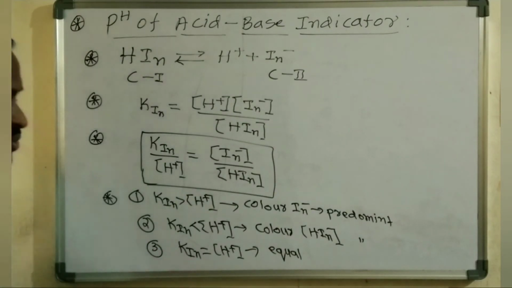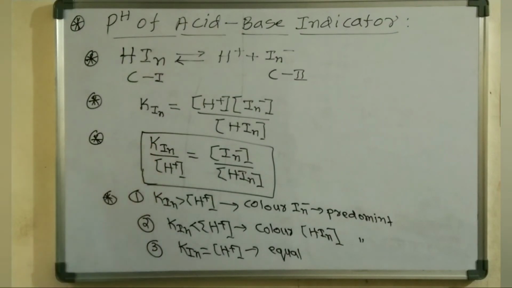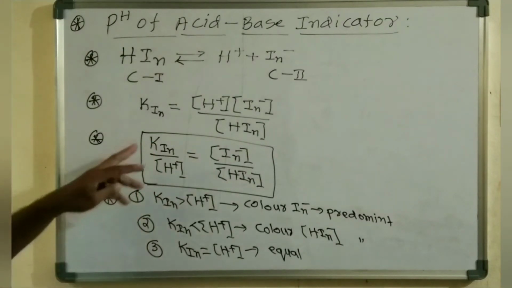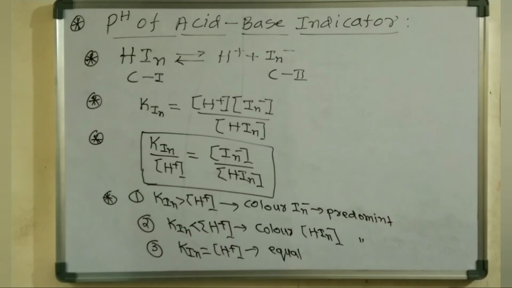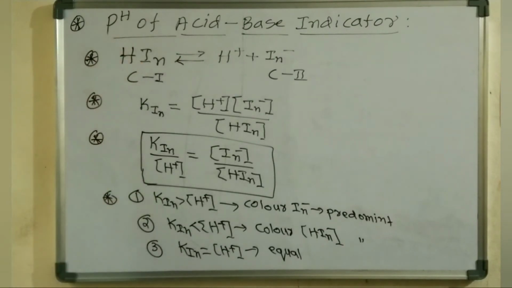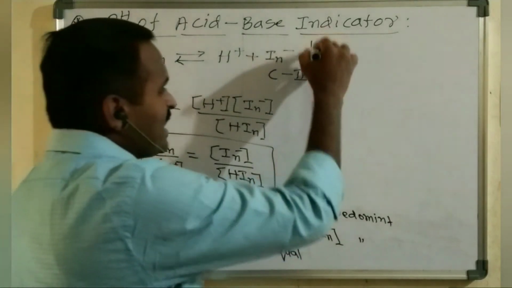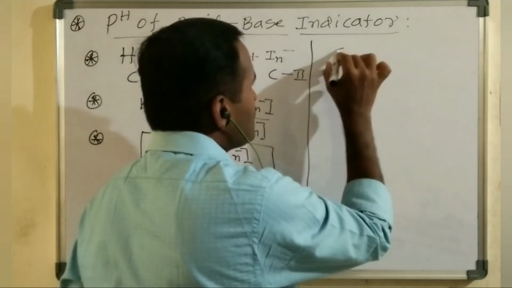So these are the three situations that will be raised whenever we are comparing the magnitude of KIn and H plus ion concentration. But our aim is to derive the pH of an acid base indicator, and by using this only, you can write the H plus ion concentration.